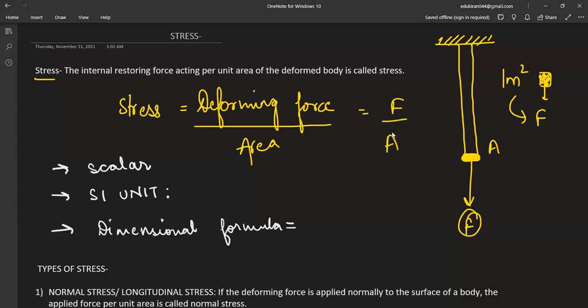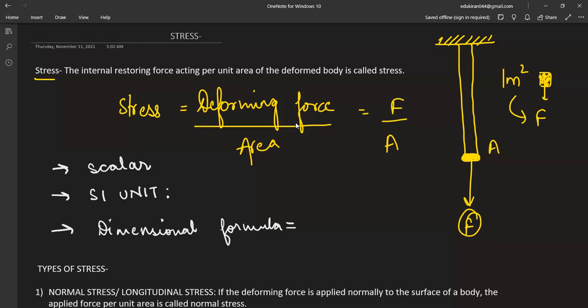So the way Harsha mentioned the formula for pressure, stress is also force per unit area. So stress is deforming force by area. This is the formula of stress. In 1 meter square of cross section, whatever deforming force is applied, we term it as stress.